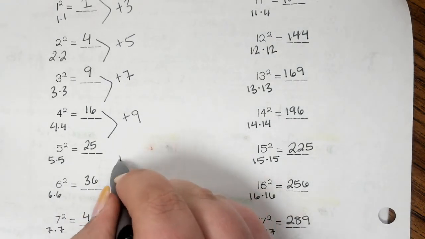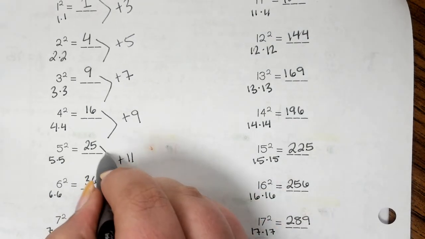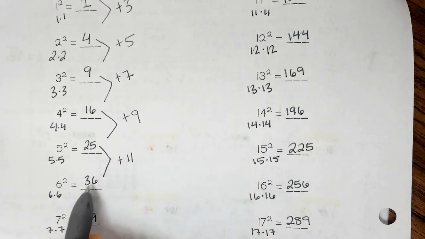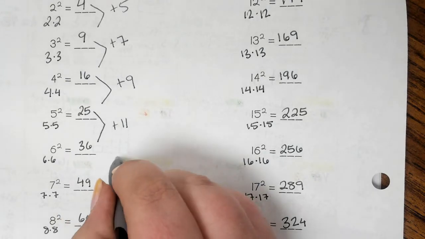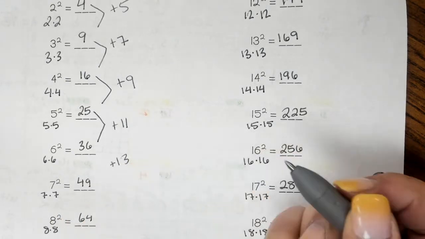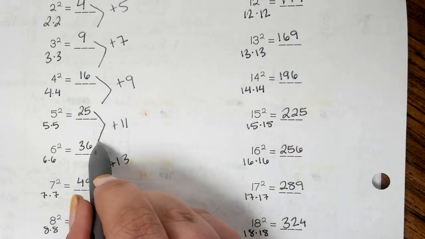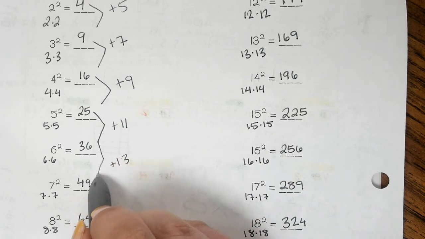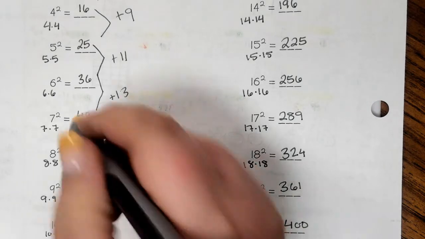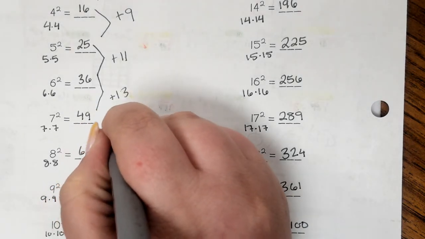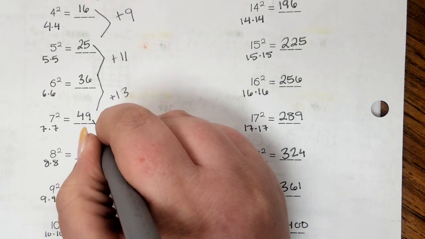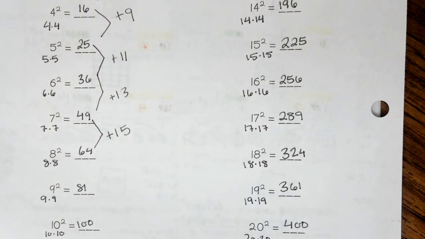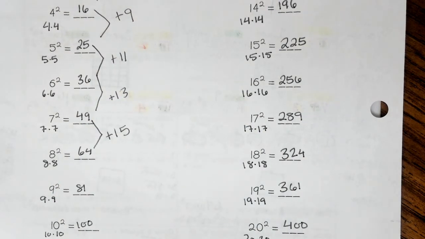So next we're going to add 11, and 25 plus 11 is 36. Adding 2 more to that would be 13, or the next odd number is 13. And 36 plus 13 is 49. I would then add 15, and 49 plus 15 is 64. That pattern continues.